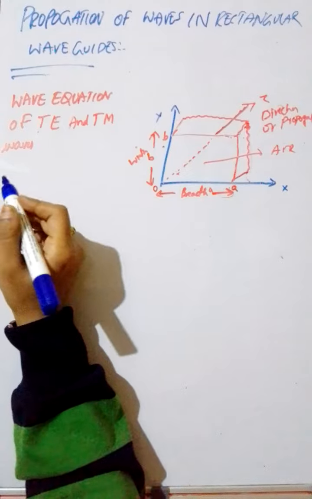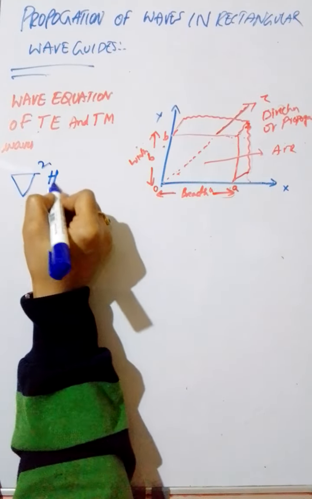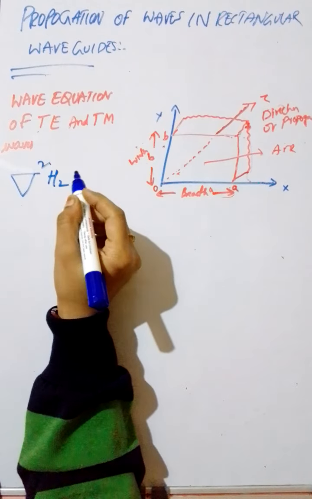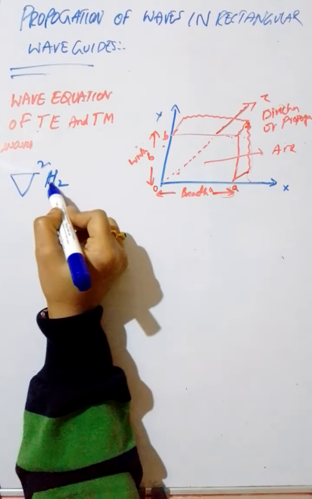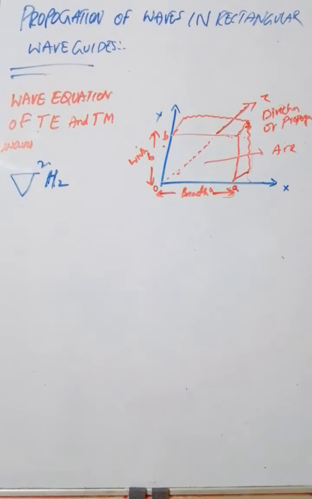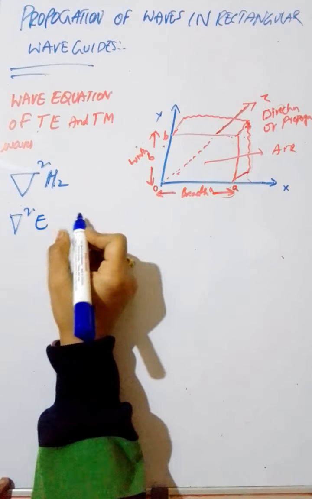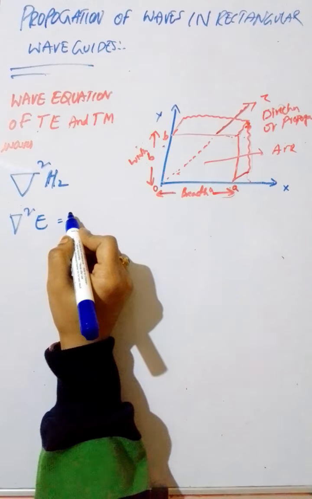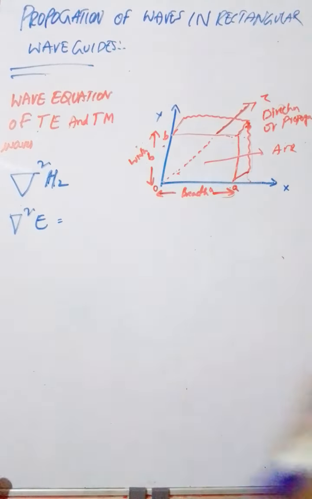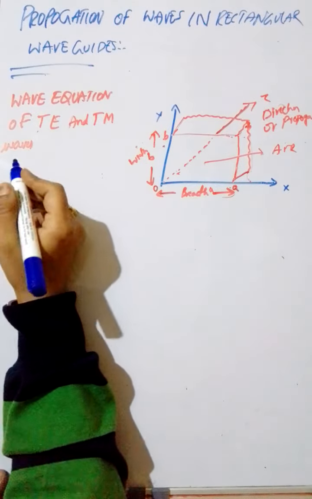The wave equation is given by del square Hz for transverse electric waves, whereas del square Ez is for transverse magnetic waves. Now we are going to discuss the wave equation for these two.